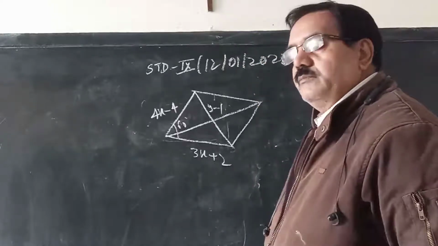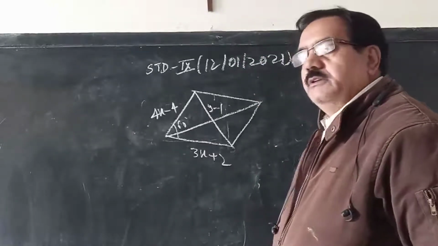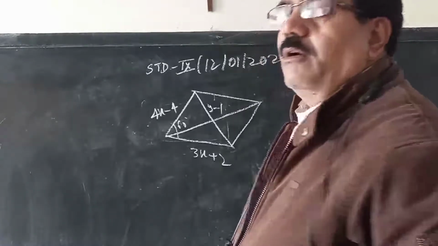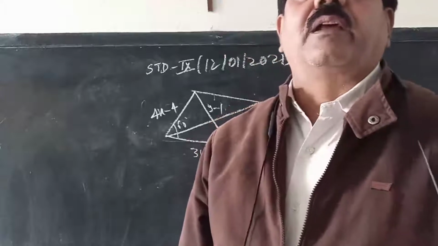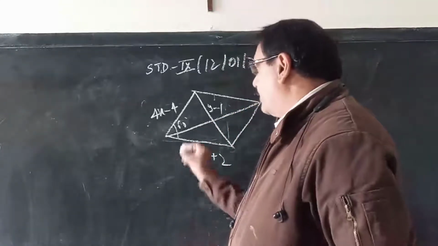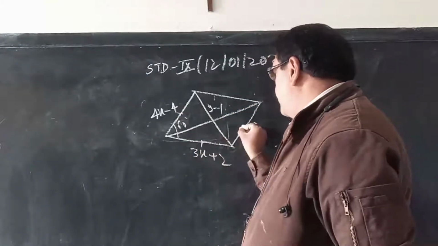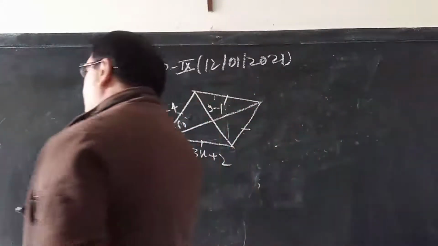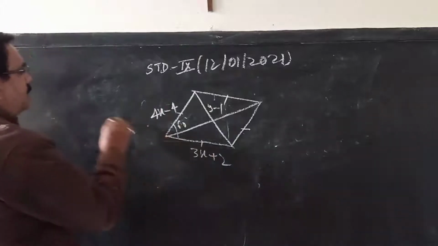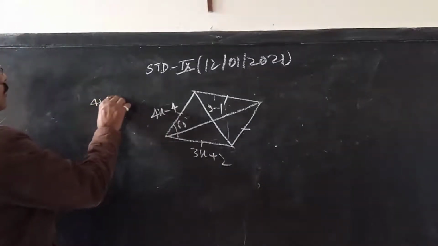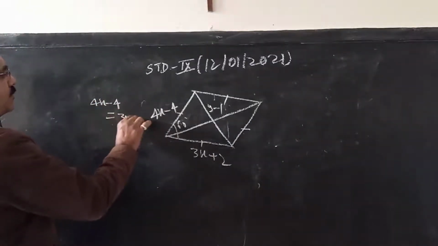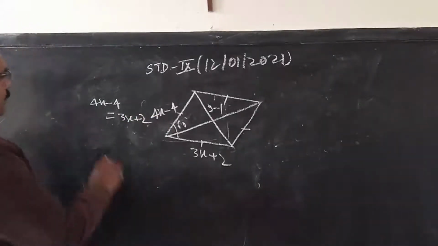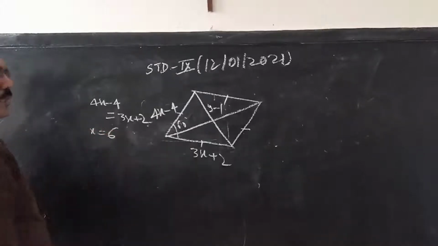First of all, the property of the rhombus: all sides of a rhombus are equal. These sides are equal to this side, equal to this side, equal to this side. It is given a rhombus, so all sides will be equal. It means 4x minus 4 will be equal to 3x plus 2, so we get x equal to 6.